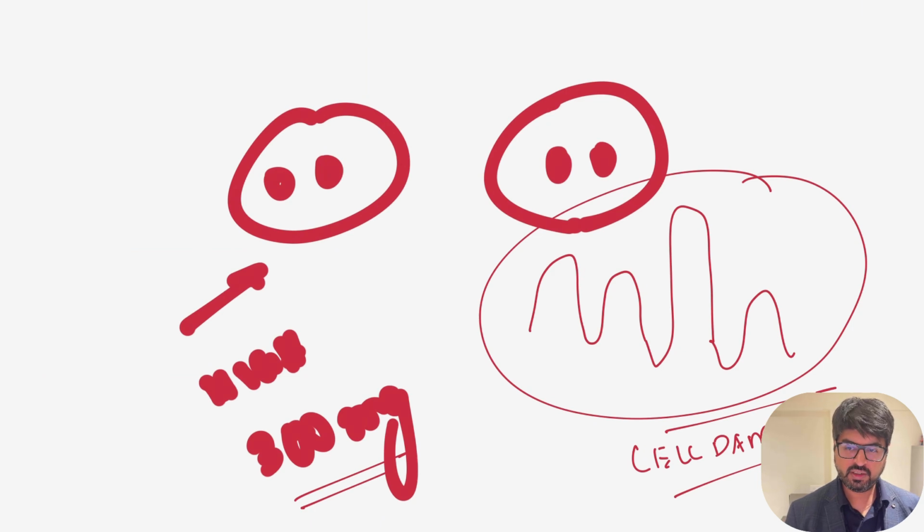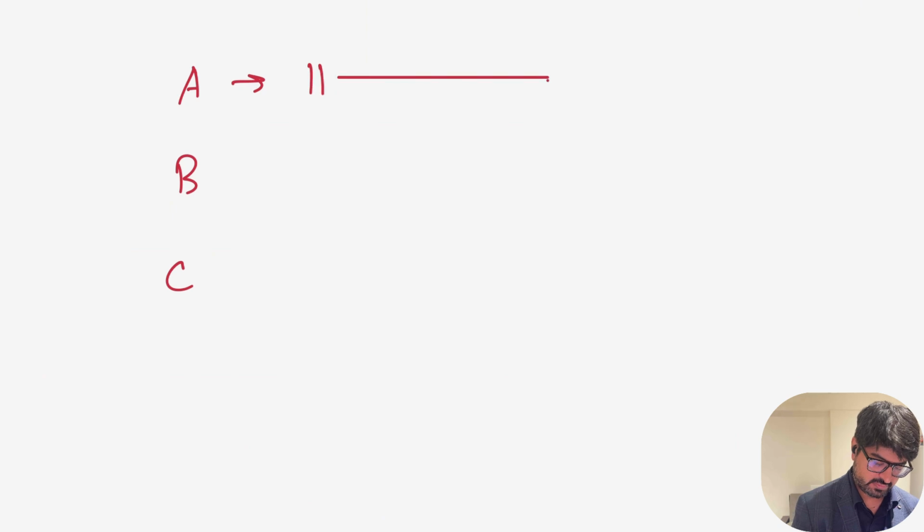normal. Now, this leads to a very important concept in clinical practice. Let's take three patients, patient A, patient B, and patient C. Patient A has an HbA1c of 11%. Patient B has HbA1c of 8.5%, and patient C also has HbA1c of 8.5%.